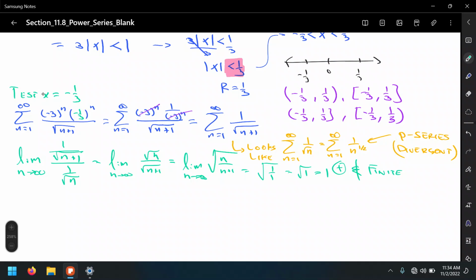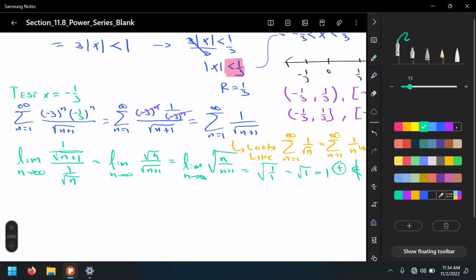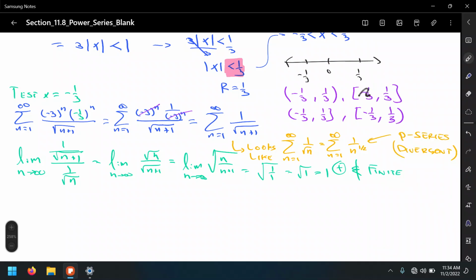So for the lower endpoint of the interval of convergence we got a divergent series. Well, so we can already cross out two of the possibilities, these two that include the lower endpoint in our interval of convergence. So testing the upper endpoint will be critical to determine which of these two will be the actual final answer.